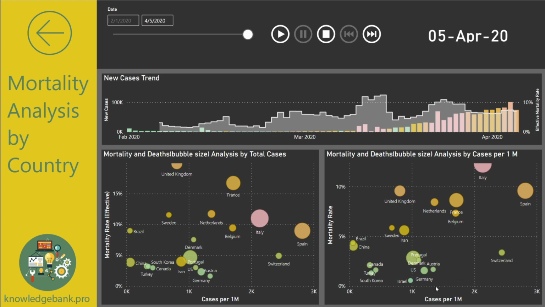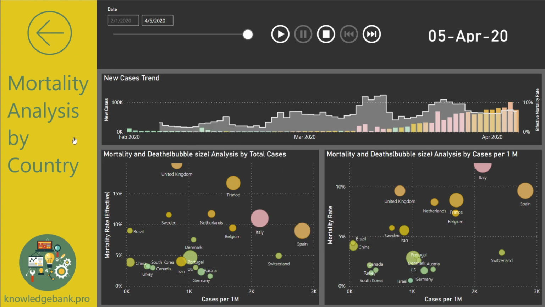Once you have over 1.5 thousand cases per million, you tend to have this high mortality. And the US is just barely breaking over 1K. So I guess everybody who lives in the US is pretty nervous right now. As the US keeps pushing in this direction, what is going to happen with our mortality?